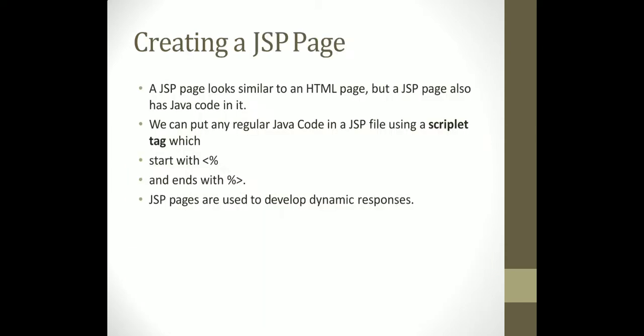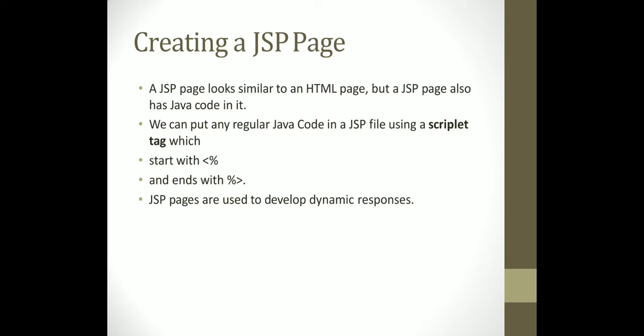Now we want to add that JSP into our Eclipse IDE. In the last session we added the Eclipse IDE and Tomcat Apache. A JSP page looks similar to an HTML page, but a JSP page also has Java code in it.